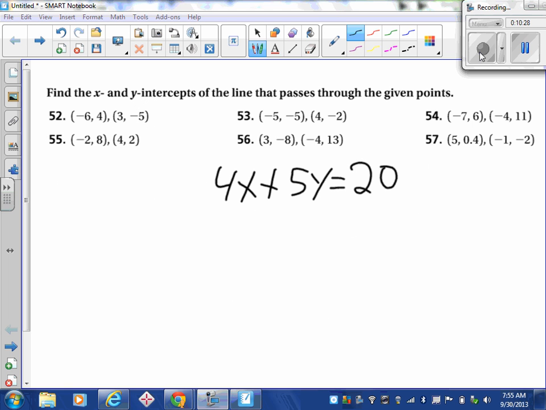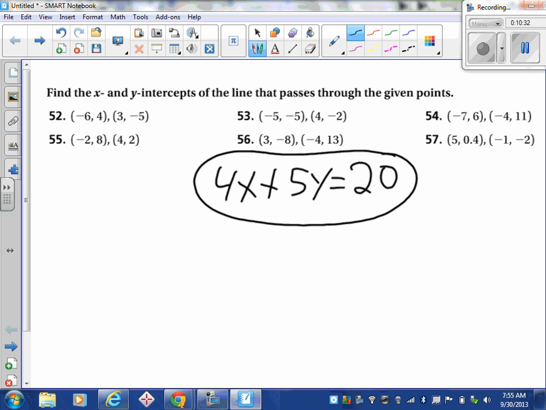Okay, so if I give you this equation right here, and then I ask you to find the x and y intercepts, now that I give you an equation, you don't have to worry about changing it into any form. I want to find the x and y intercepts.